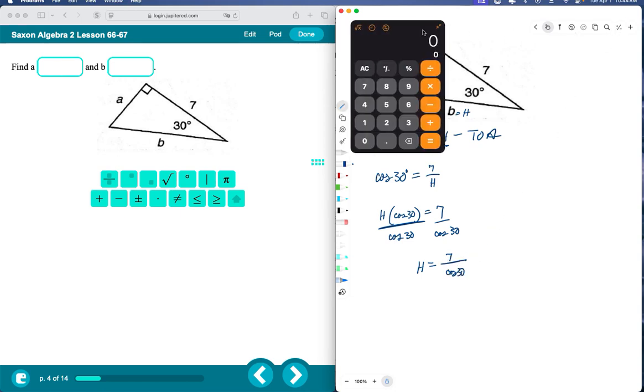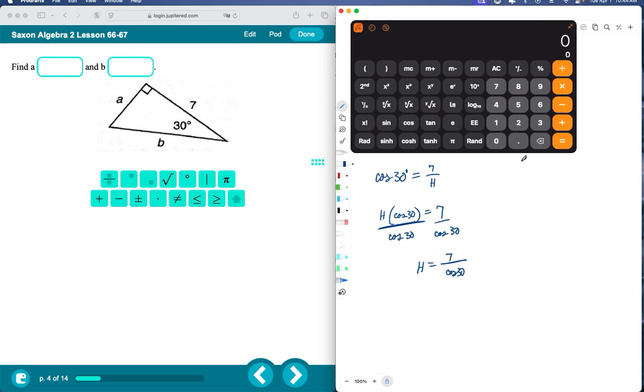Pull up my calculator, and I'm going to say 7 divided by, and I've got to find the cosine of 30 separately. So 30 cosine. 7 divided by the cosine of 30 is 8.08. So h is going to be 8.08.